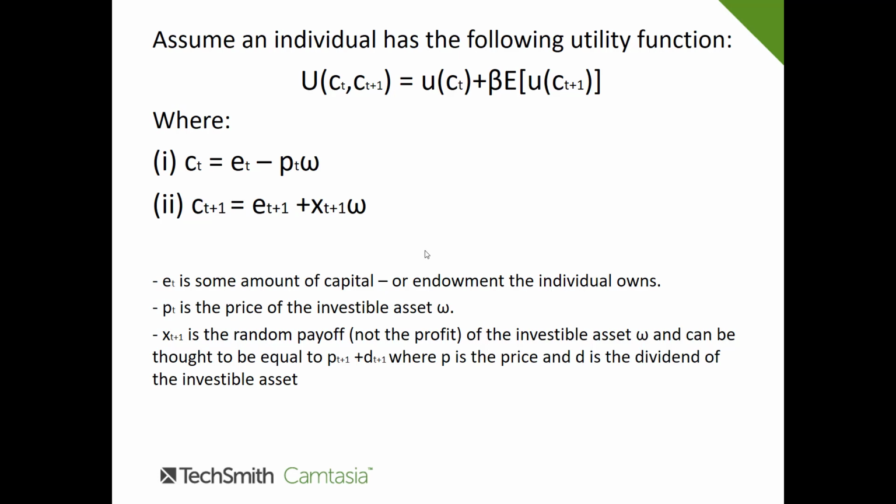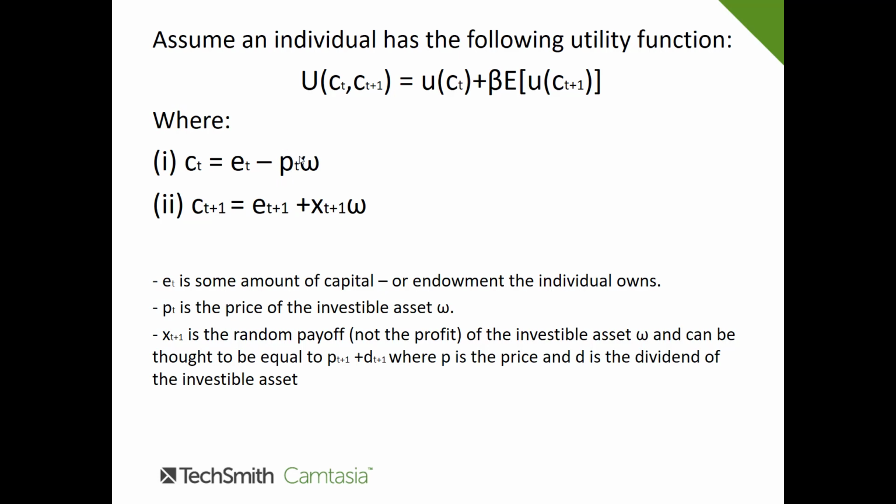PT, if we're going to save our money in a particular asset like a stock or something, you can think of this as the price of the stock times the number of shares of that stock. A good example in practice would be something simple like, say this individual has $1,000, so ET is 1,000.